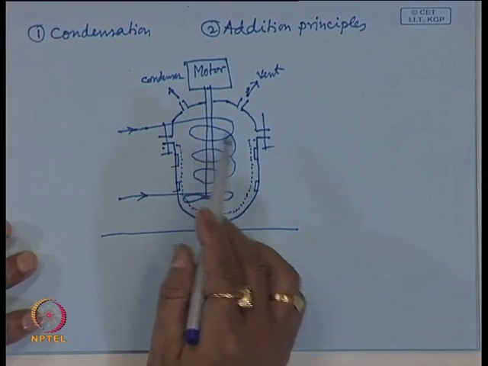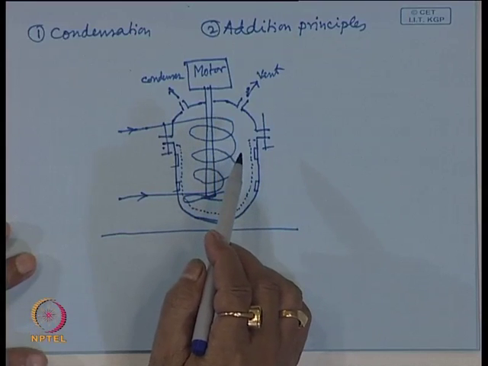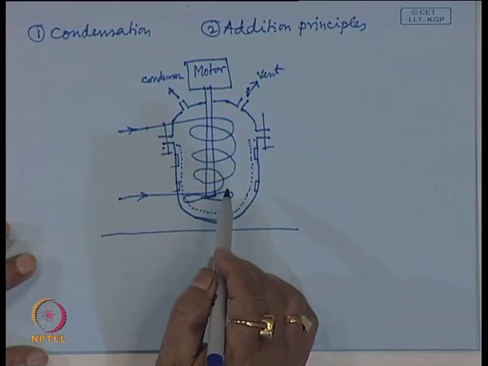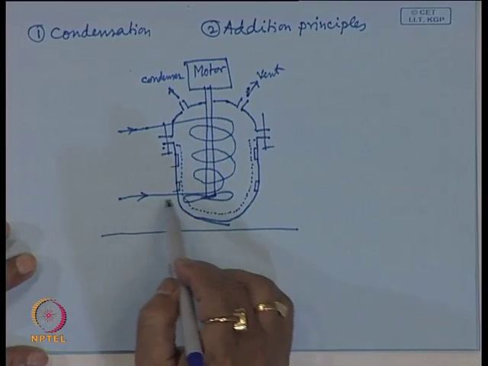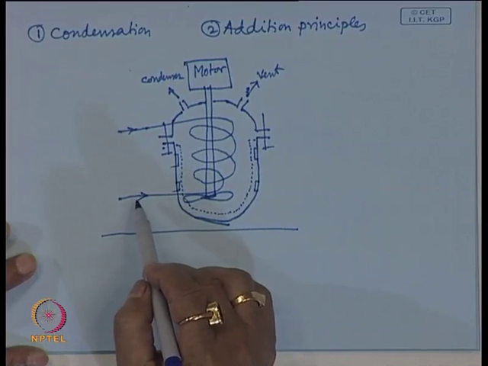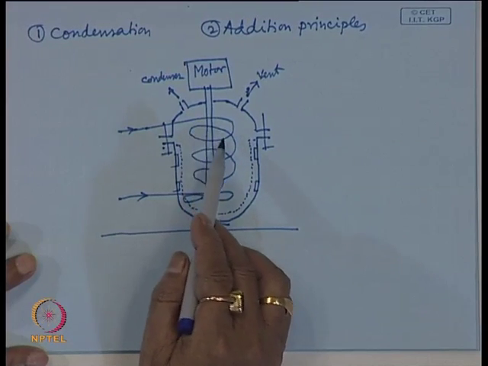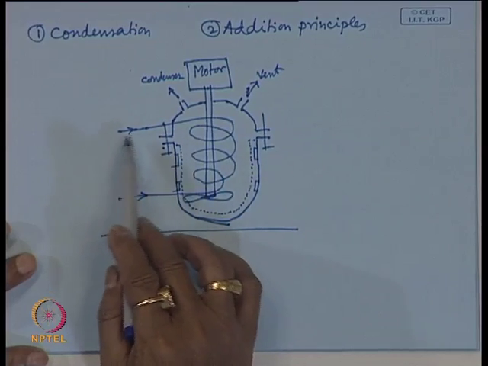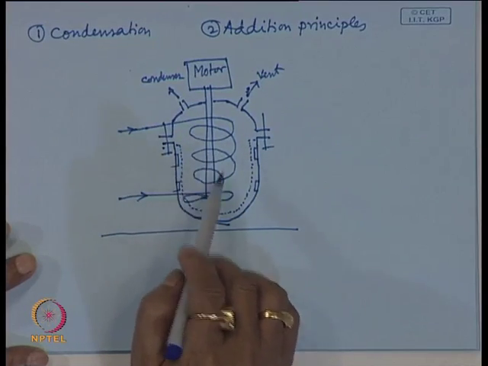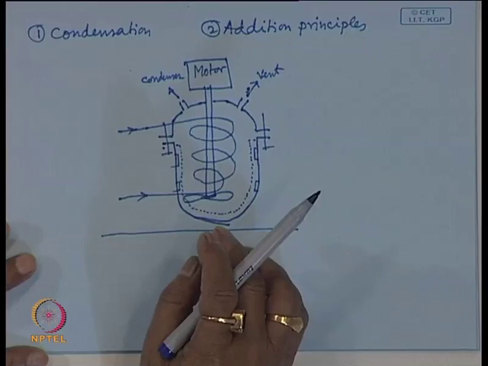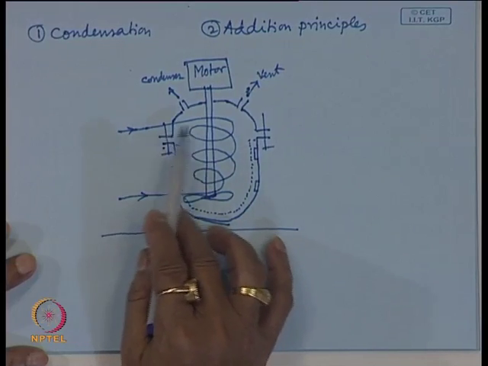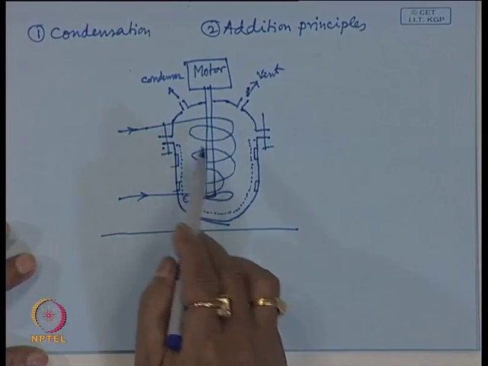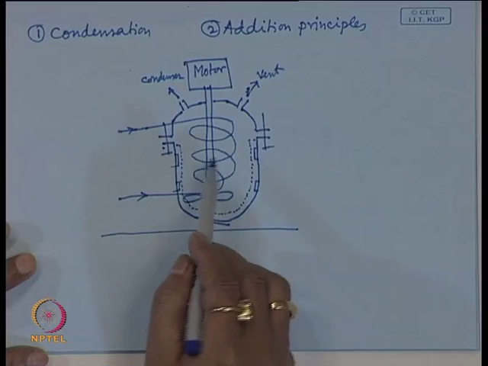Within this reactor, monomer and other things are charged, then heat is supplied either by electrical heating, say you can consider this as an electrical heating coil, or it can be a tube through which hot oil or hot gas is passed through this coil.